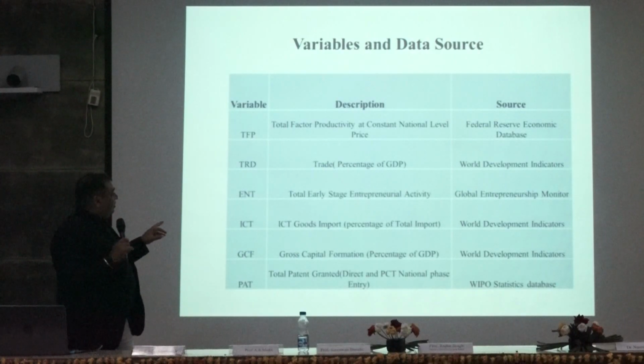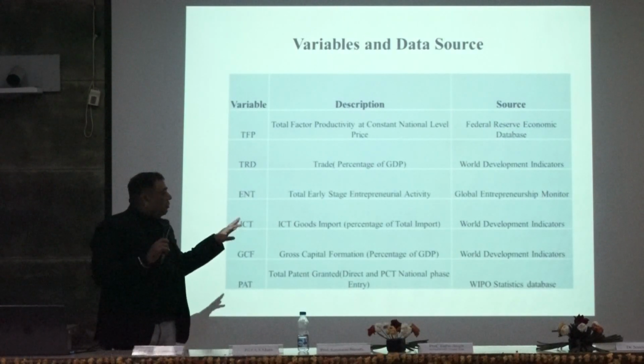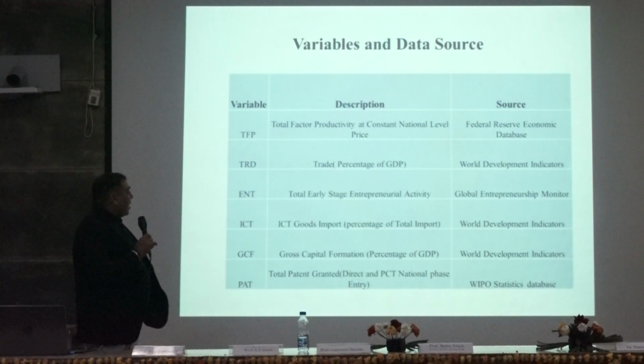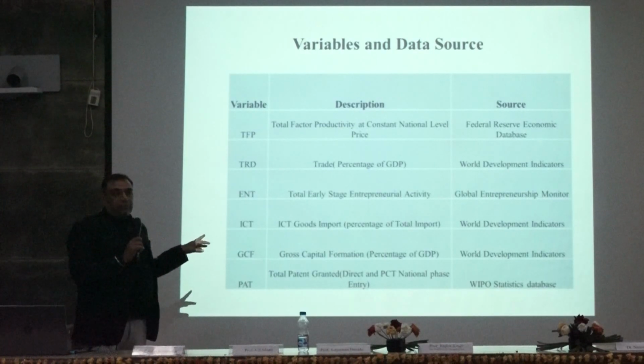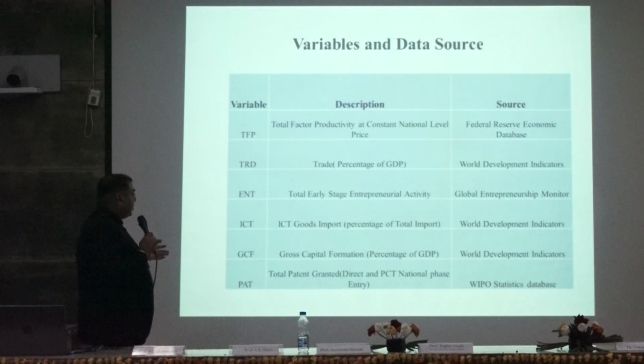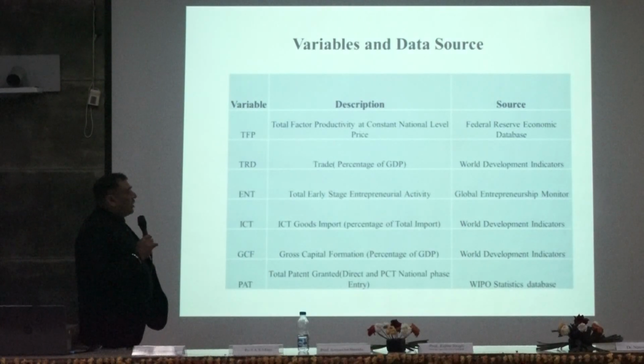Then ENT, total early-stage entrepreneurial activity, also from the Global Entrepreneurship Monitor. Then ICT goods imports as a percentage of total imports. ICT stands for information, communication, and technology, and everybody is aware of it. That is also taken from World Development Indicators.